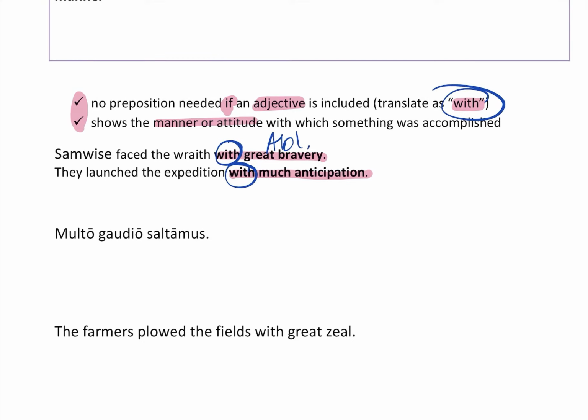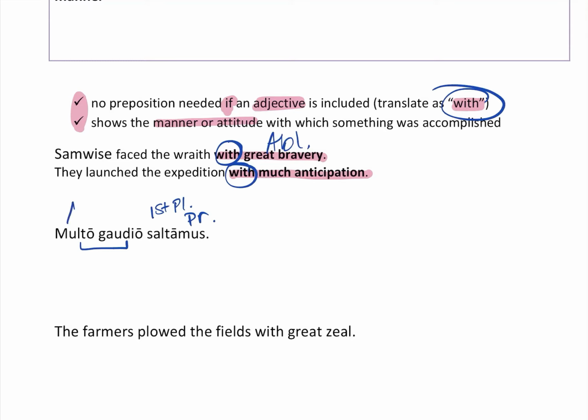I have not marked the ablative in here. You're going to recognize it right away. So let's look. Verb first, saltamus. Saltamus is first person, it's first person plural. So we cannot have a separate nominative. Our pronoun is already included, and it is present tense. So multo gaudio. So here we have an adjective, and we have the noun it modifies. It cannot be dative because there is no giving, showing, telling verb.